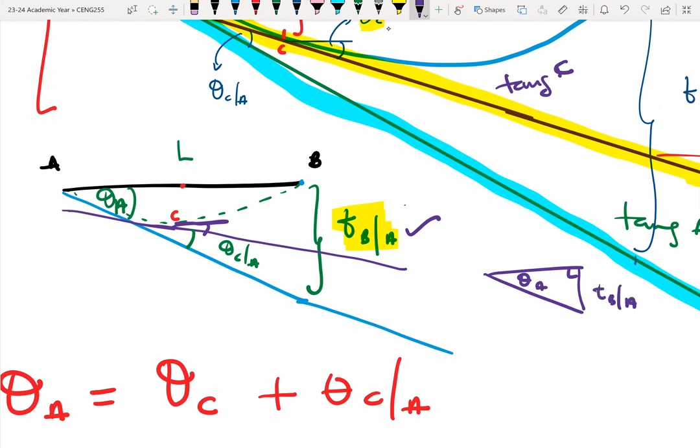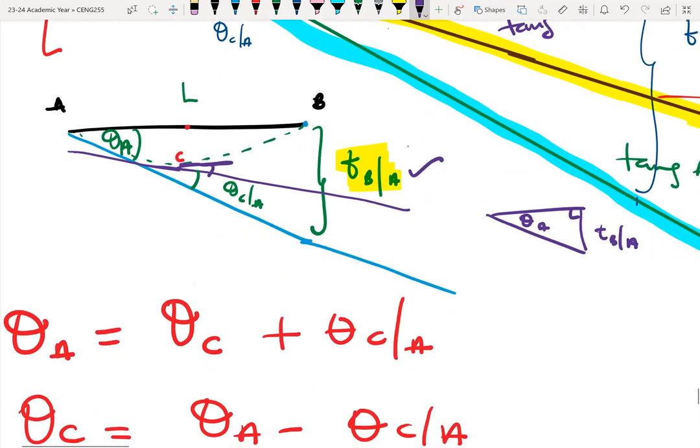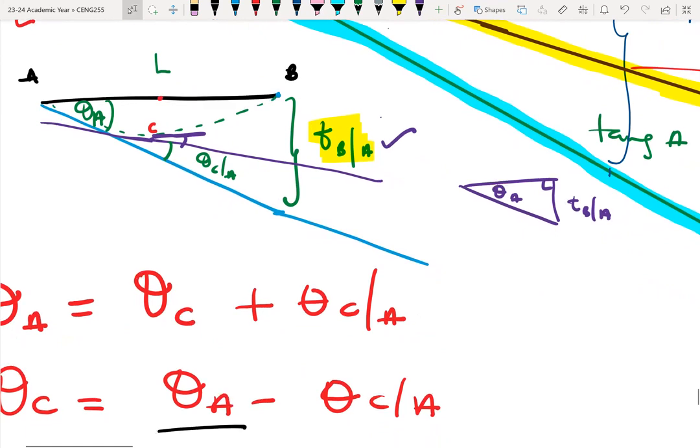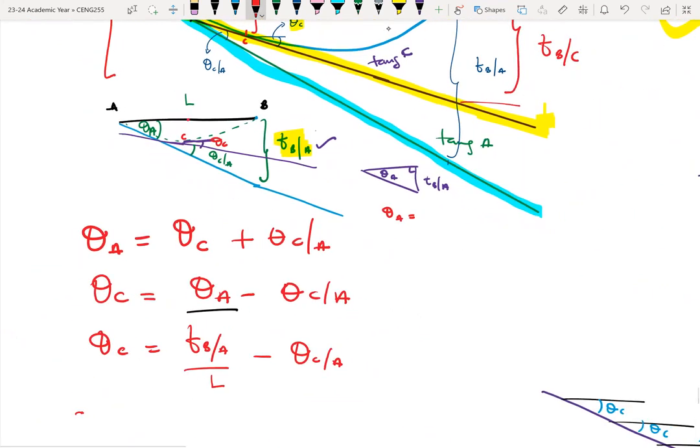Then find that. Great. Now, from inspection, I can also tell that theta A is the same as, so this is theta C is the same as, oops. So theta is the same as theta C. I think I've written that already over here. So theta A, which you can find in this case, is equal to theta C plus theta CA.